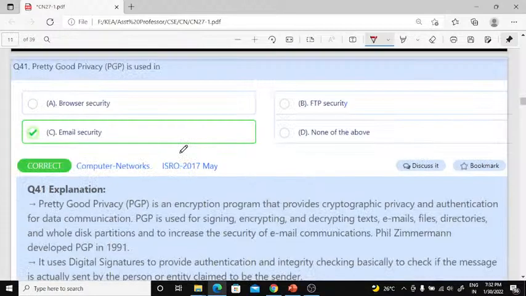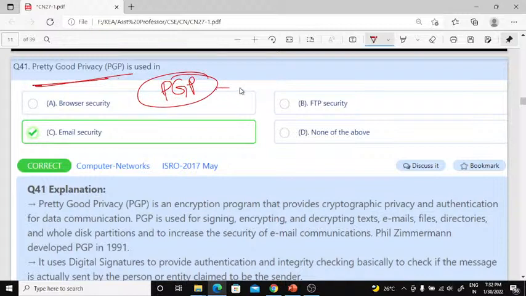Then Pretty Good Privacy, PGP. It is mainly used in email security.